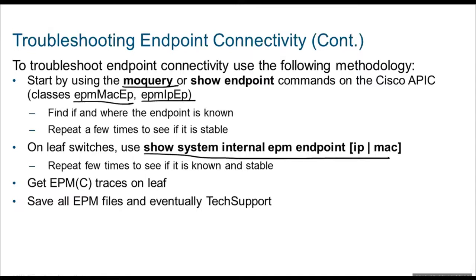So on the line card, I would do vsh_lc. That would go into the line card shell, and then it would be show system internal endpoint manager client, and then the word endpoint and the IP address or the MAC address.